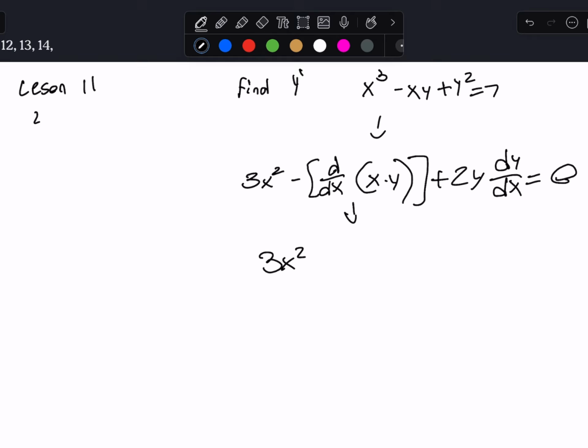So we're still going to have 3x squared minus, now we're going to use the product rule. The derivative of the first multiplied by the second plus the first multiplied by the derivative of the second. Brackets, plus 2y times derivative of y over derivative of x equals 0.